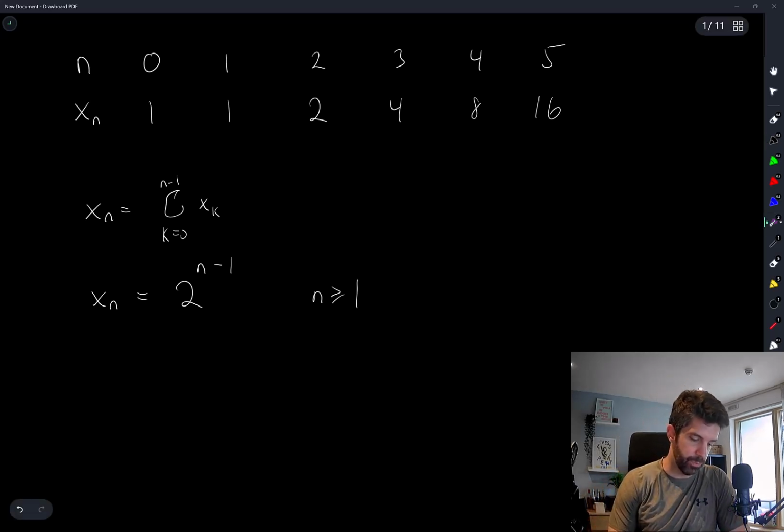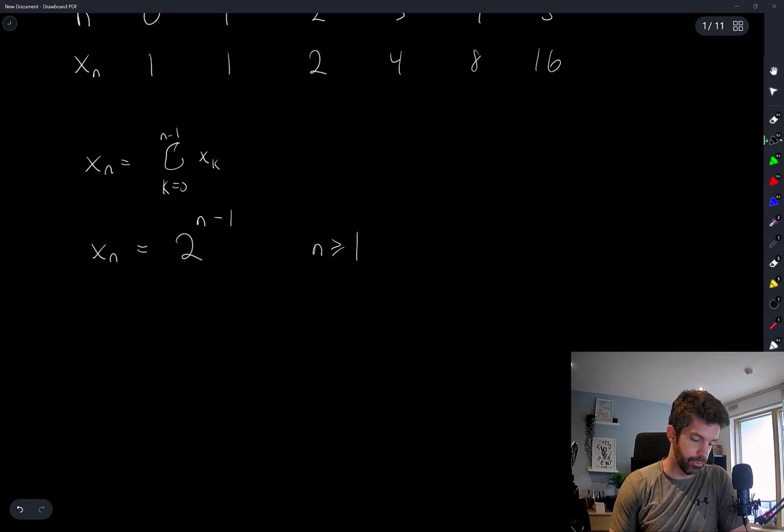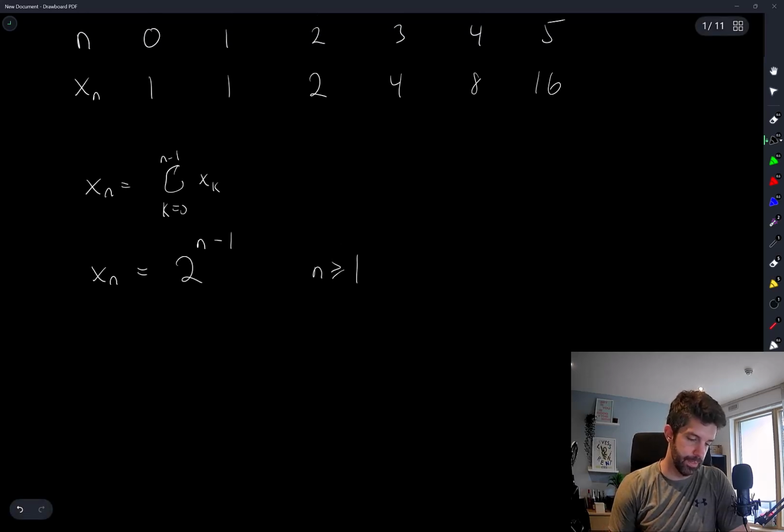Yeah, I suppose we could prove this by induction, conjecturing that it's true and showing it holds using this formula, but I'm not going to bother. This should be pretty clear.